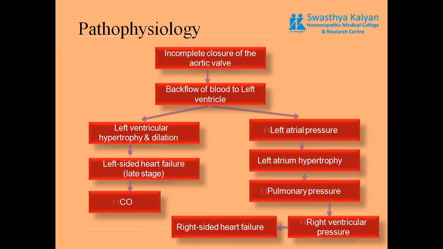Whereas as there is backflow of blood in the left ventricle, the next step would be that the right atrial pressure will increase, which will lead to left atrial hypertrophy, which in turn will increase the pulmonary pressure, and that will lead to right-sided heart failure. And we have seen how this sequence goes.